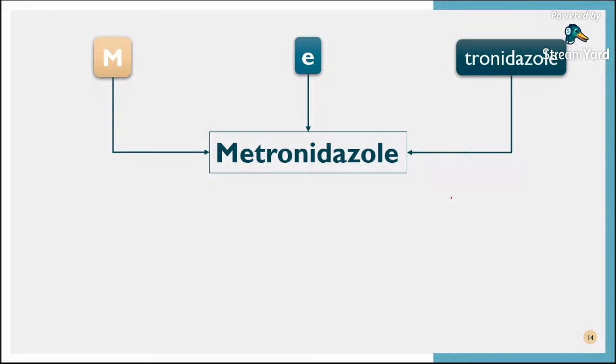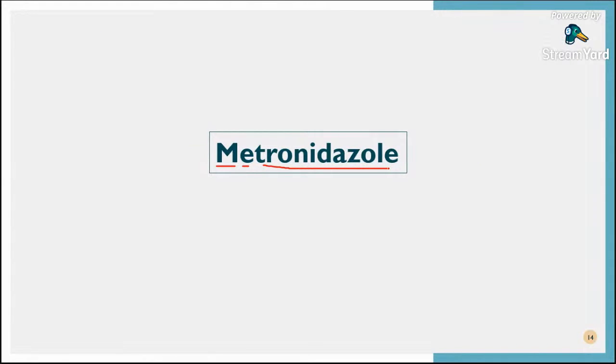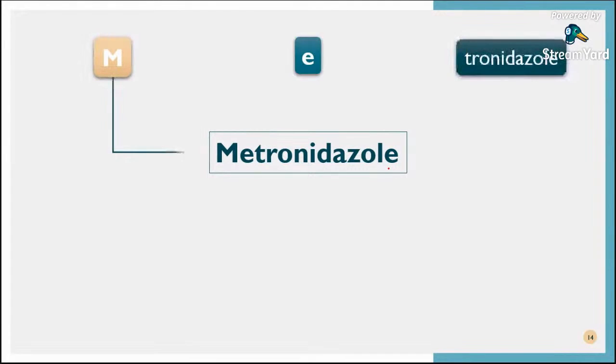So this is metronidazole. First letter is M, second letter is E, and the last part is tronidazole. So what I did, I just broke down the letters in the name of metronidazole. So M plus E plus tronidazole becomes metronidazole.